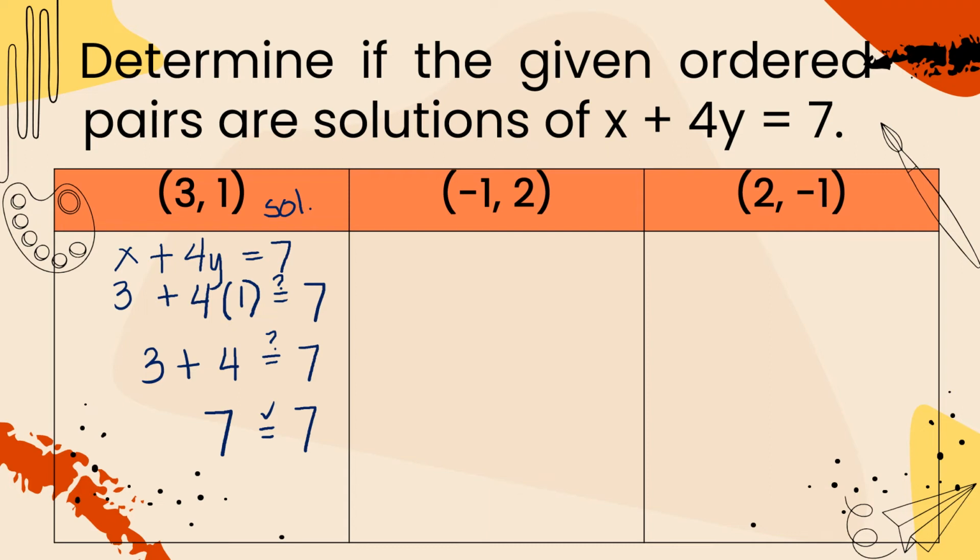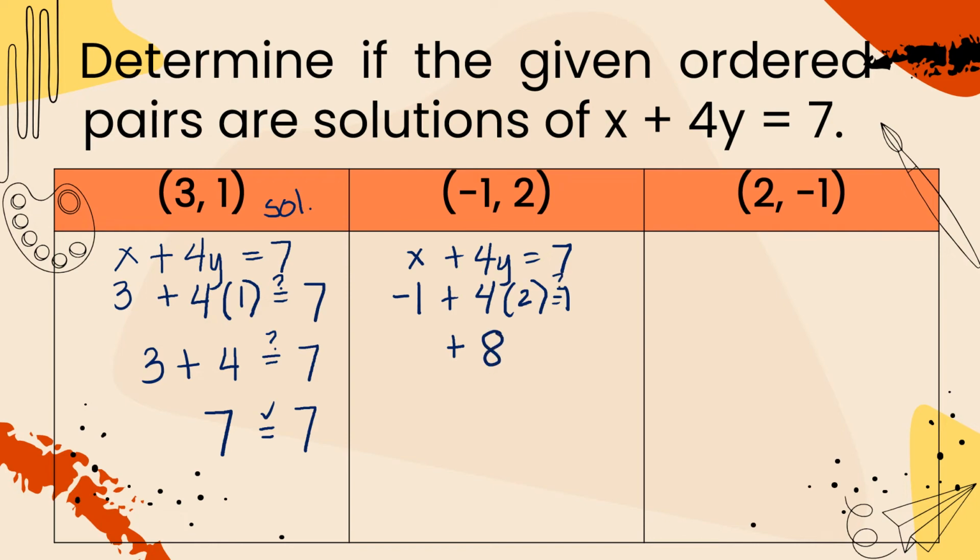Now this time, let us try negative 1, 2. So again, we have x plus 4y is equal to 7. Substitute lang ulit yung values. So ang x natin ay negative 1 plus 4 times 2 is equal to 7. And 4 times 2, correct, that will give us 8.